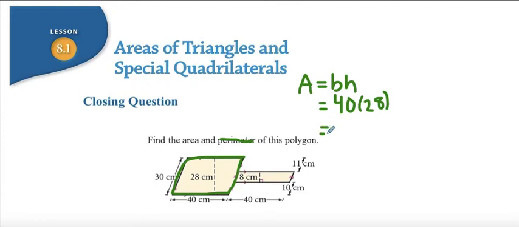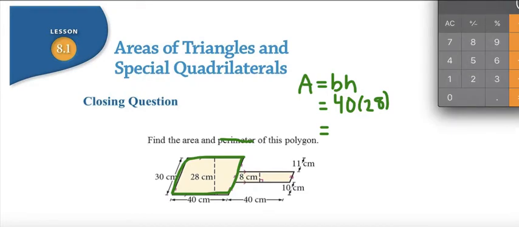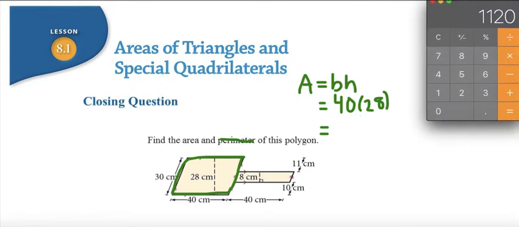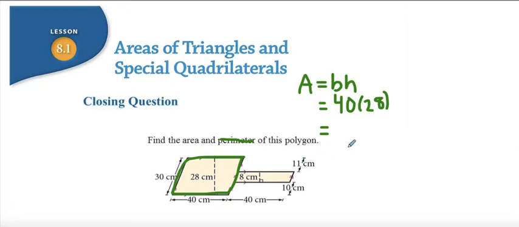So my area for that piece, if I take out my calculator, is 40 times 28, which is 1,120 so far, centimeters squared. All right, I have one more piece though.